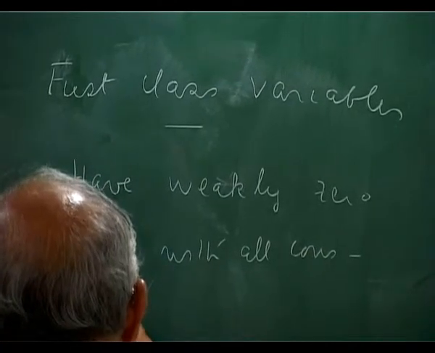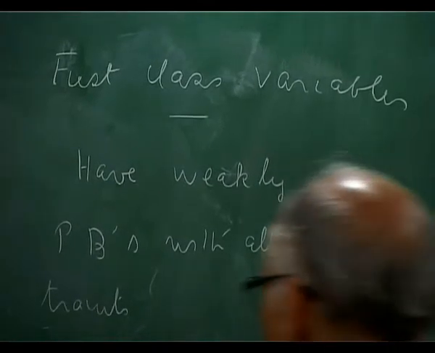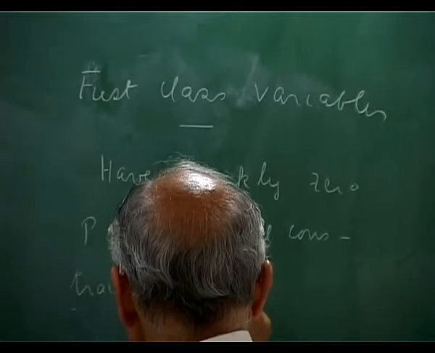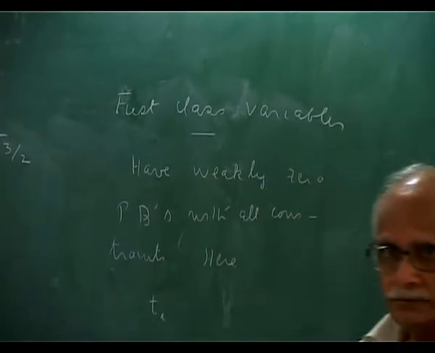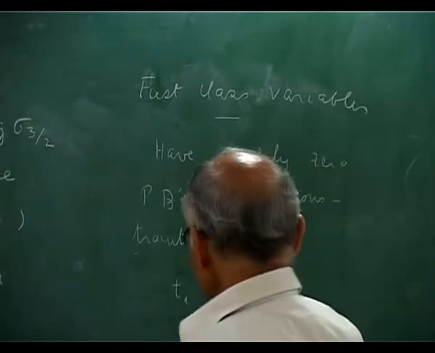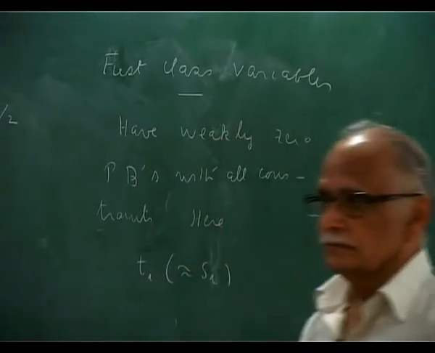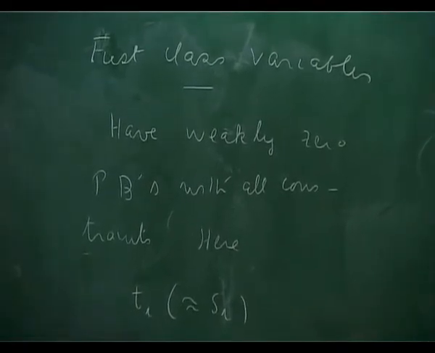In general, these are difficult to find, but here they are rather easy to find. One was this T_i. But T_i is equal to S_i, because T_i minus S_i is a constraint.